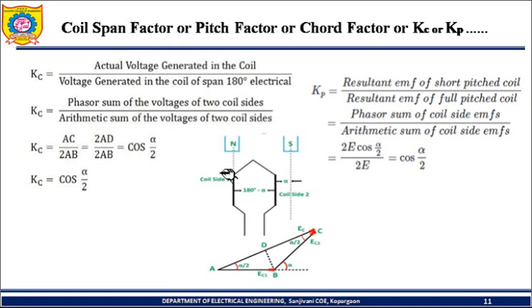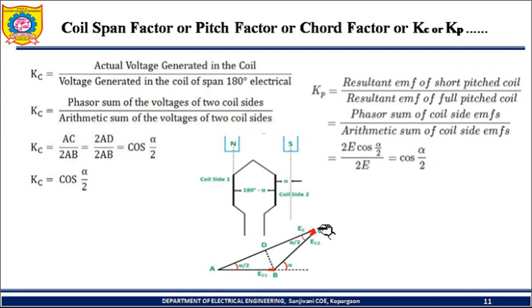So we can create a formula. This is the figure where coil side 1 is shown under the influence of the N pole, coil side 2 is under the influence of the S pole, and the fractional pitch is there, 180 minus alpha. So it is a fractional pitch, so it will not get directly added. The first, which is under the influence of the N pole, we can take as AB. Then after AB, the other should get added like this.